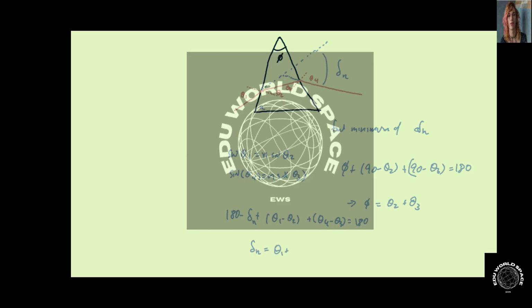And we get for that delta n, the deviation angle, looks like that. We know that theta 2 plus theta 3 is phi. Okay. So that gives us relationships between all the angles.